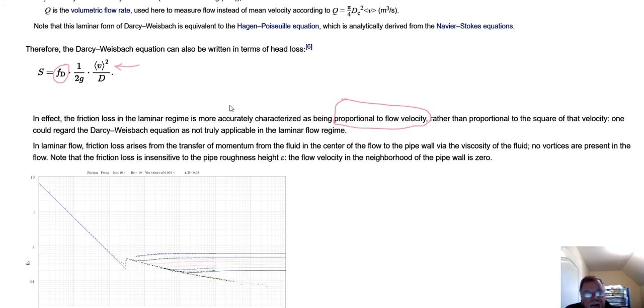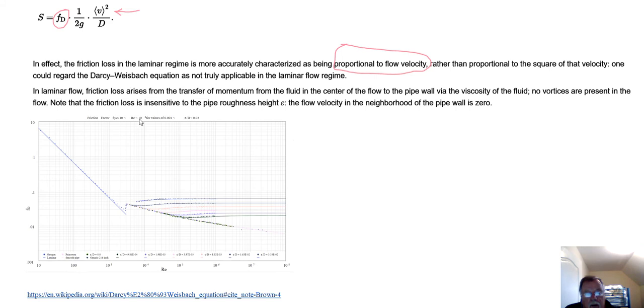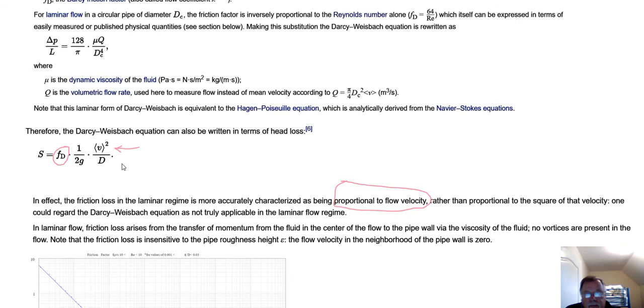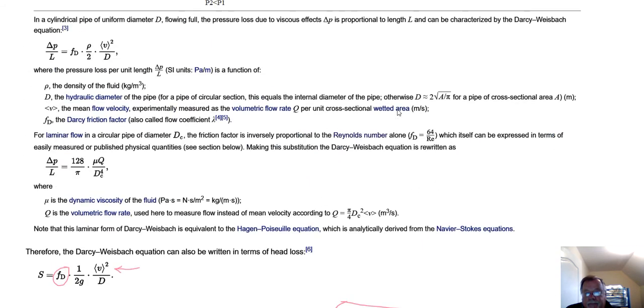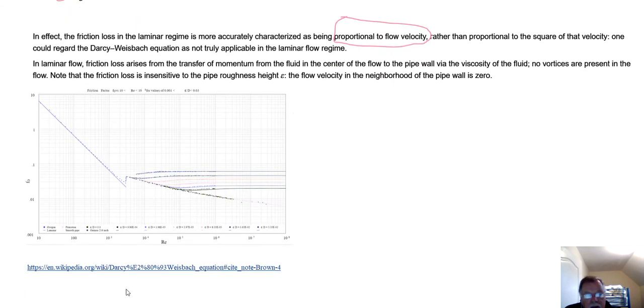So I'll explain now. This is a chart showing the Darcy-Weisbach constant as a function of Reynolds number.